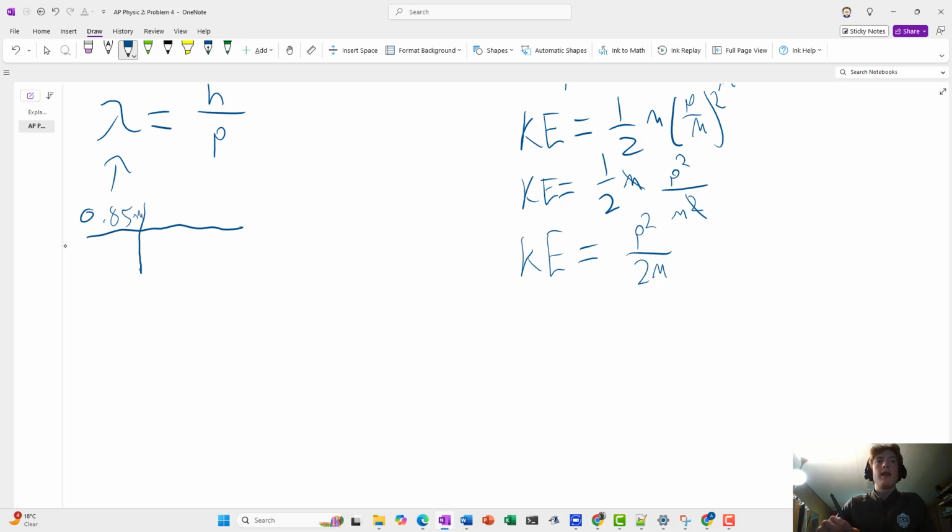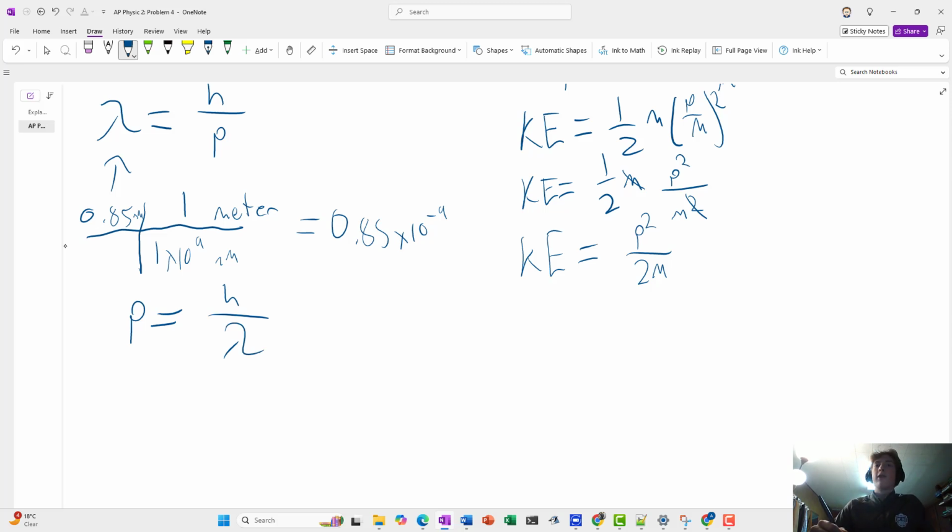This is right now in nanometers, and we know there's 1 times 10 to the 9th nanometers in 1 meter. So we can convert that, and we'll basically get 0.85 times 10 to the negative 9th. And now we have h here, which would be 6.626 times 10 to the negative 34th. And we can just rearrange our equation to say p is equal to h over lambda.